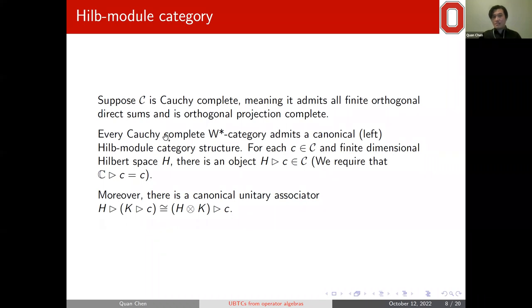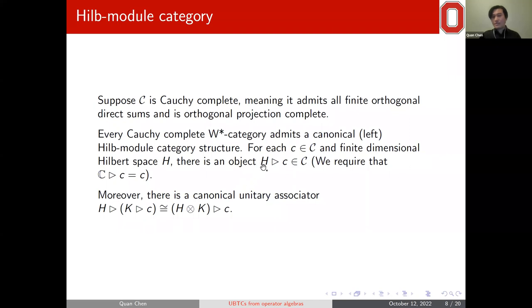And every Cauchy complete W star category should admit a canonical Hilbert module structure, which means for every object c in C and finite dimensional Hilbert space H, there is an object H act on c. How do we understand that? If your Hilbert space is just C, the one-dimensional Hilbert space, we require that C act on c is equal to c, a unital action.